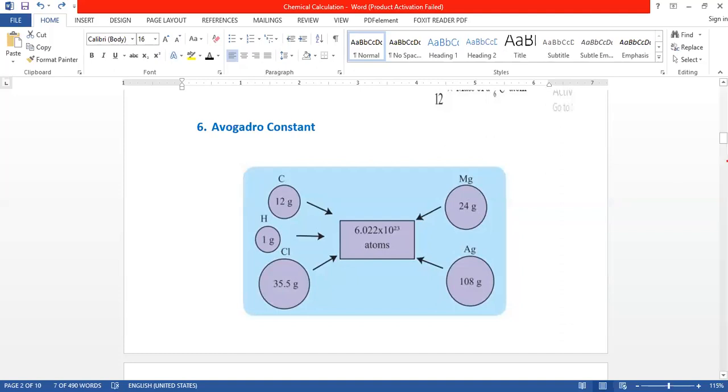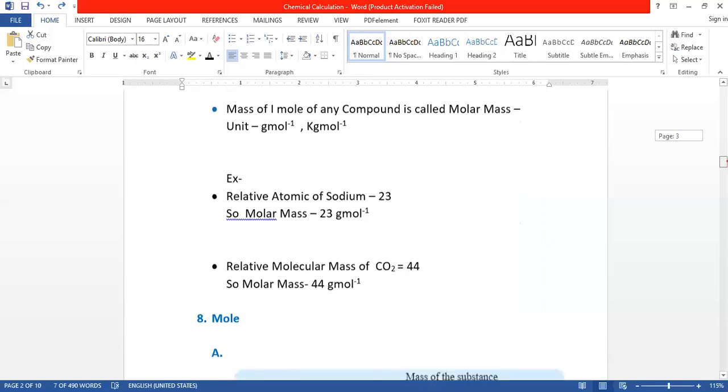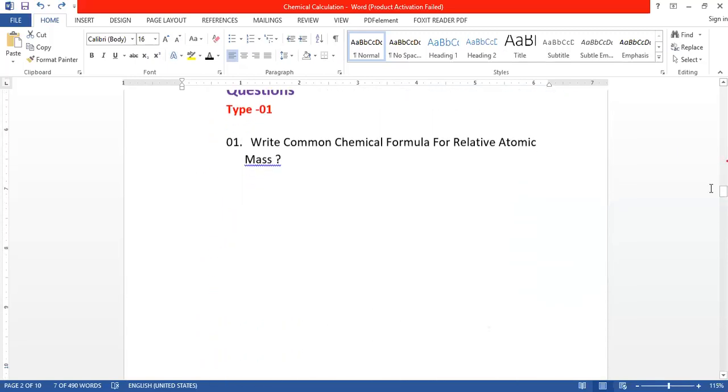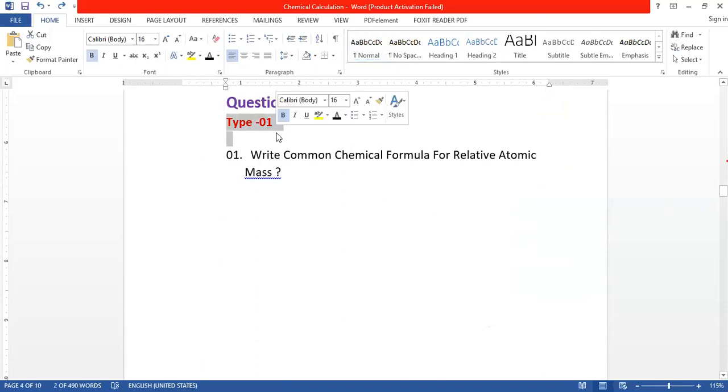So please take a small paper and do this question, and that is a very good way of studying. Question number one. I use type-wise questions, and we will do past paper questions also. Type one says: write the common chemical formula for relative atomic mass.